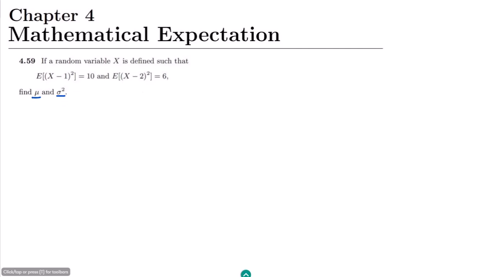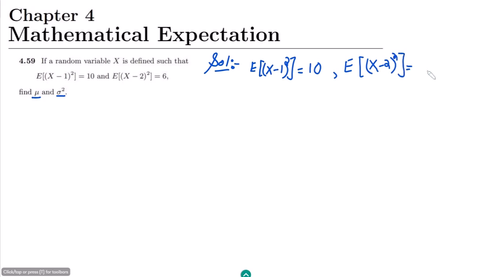So let me solve it first. We have two equations, which are E[(X-1)^2] equal to 10 and E[(X-2)^2] equal to 6.